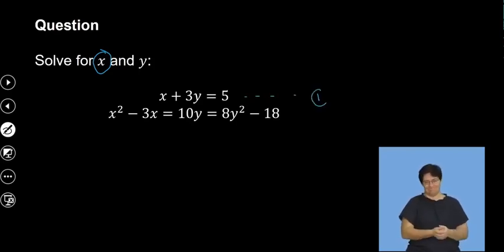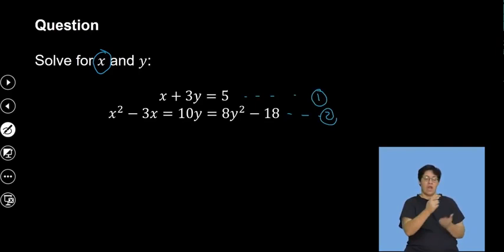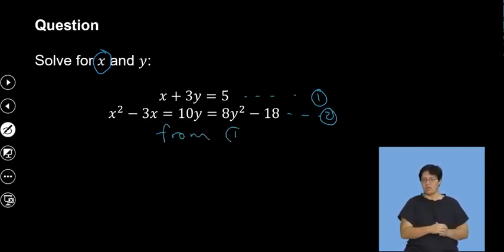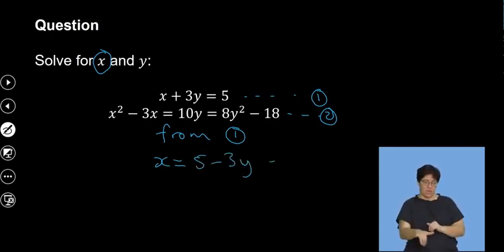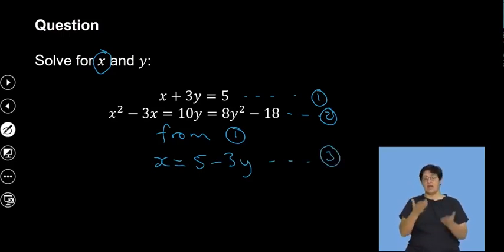So you label this equation 1, you label that one equation 2. And then you will then say from equation 1, I create equation 3, where I isolate one variable. So it becomes x is equal to 5 minus 3y. And we call this equation number 3.